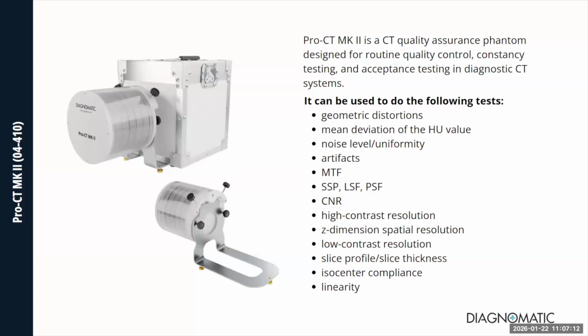We can check the geometry, the HU value, noise and uniformity, artifacts, MTF, CNR, SSP, LSP, and PSF, high contrast resolution, Z dimension, spatial resolution, low contrast, slice profile, slice thickness, isocenter compliance, and also linearity.